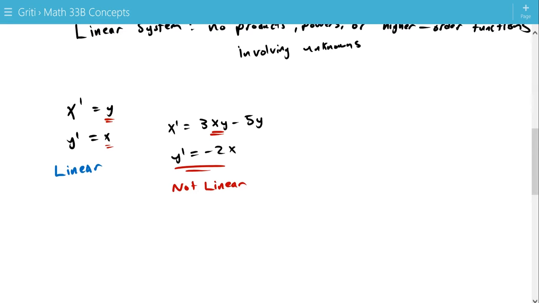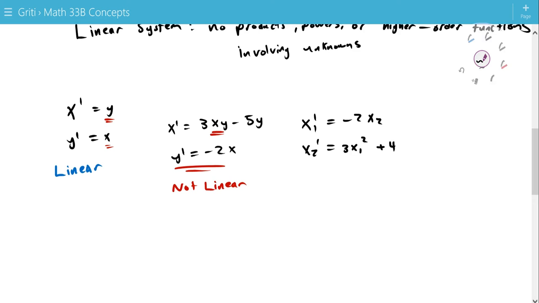More examples, we have x1 prime equals negative 2x2, and x2 prime equals 3x1 squared plus 4. And we can use x1 and x2 instead of x and y. The reason that's used is because with these subscripts 1 and 2, we can go on indefinitely, whereas with x, y, and z, we have to keep making up new letters.